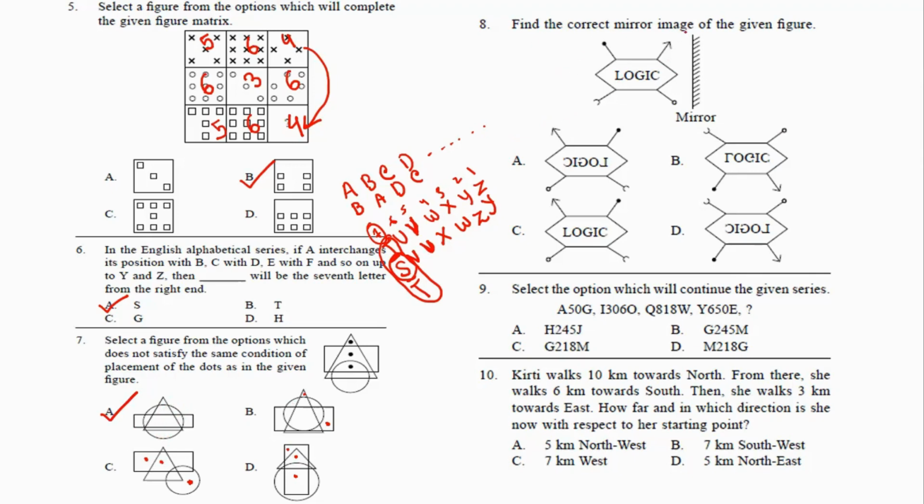So this is a mirror, and this is something written as logic. So here we have to find out the exact mirror image of the word logic. In case of a mirror image, the image is always real and inverted, right? So if we draw this shape, this side it will be this one, the arrow will be this side, and this side it will be here.